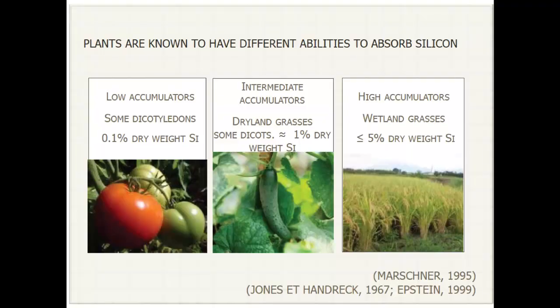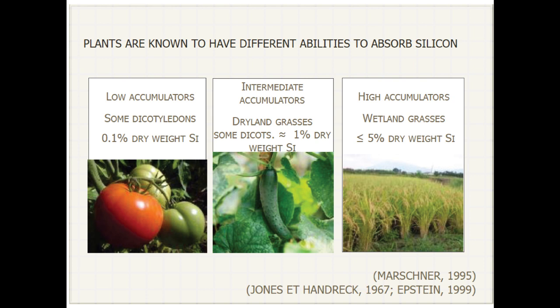Now, as was just mentioned earlier, we can differentiate plants into different groups based on whether or not they tend to accumulate a lot, a bit, or intermediate levels of silicon. And so obviously this is a fairly crude division of plants into these three different categories.